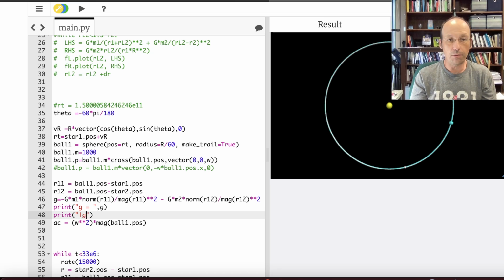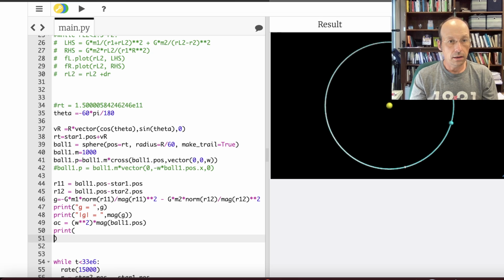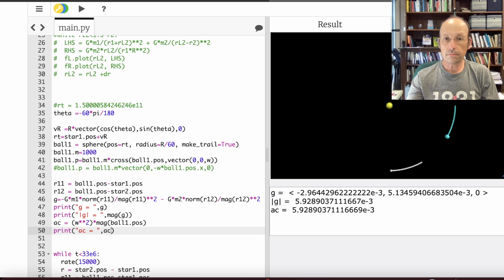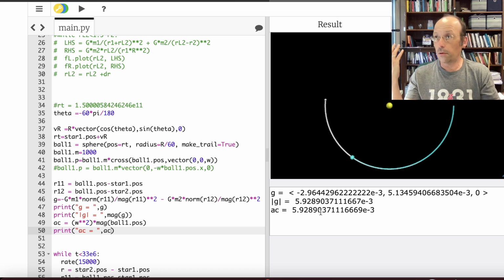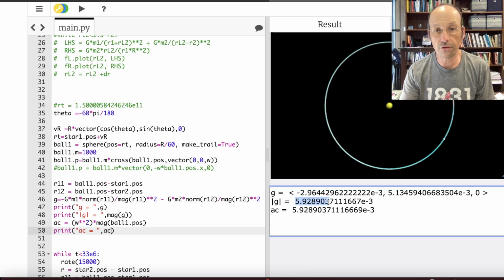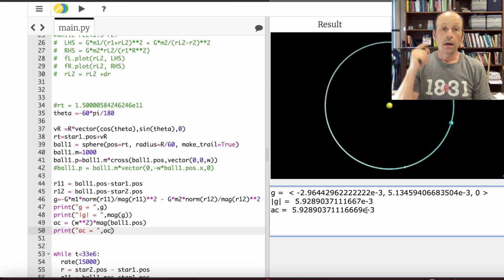I already know it's in the same direction, so I don't really care about the vectorness of it. Print mag G. And then down here, print AC equals AC. Let's see what happens. Okay, there, it worked. Check that out. So the magnitude of the gravitational field is the magnitude of the acceleration.